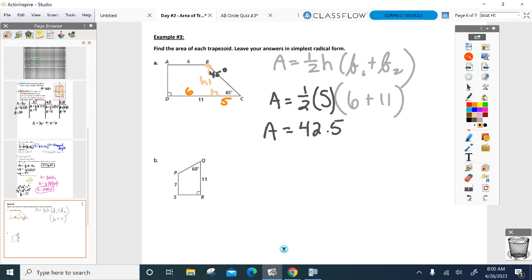All right, ready? Everyone okay there? Before I go on to the 30, 60, 90, you see what's coming up. Good. I see some of you guys drawing your heights in already for number 2, for letter B. Go ahead, draw your height in.